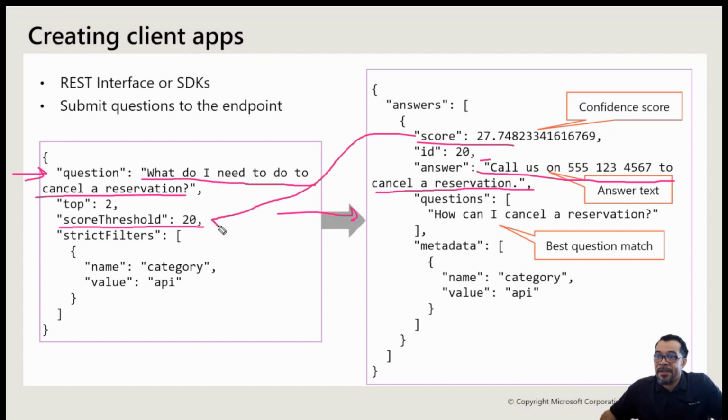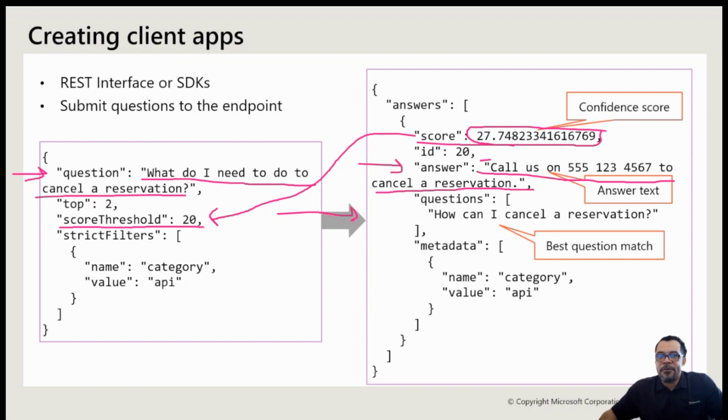Because here I define the score threshold, meaning that it will only respond if it can give an accuracy level or a confidence score in its response of at least 20% or higher. So because it came back with 27.74 or 75, it generated a response and it provided the answer that you see here.